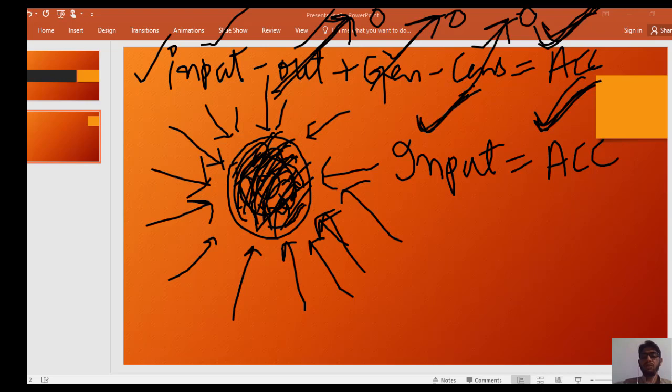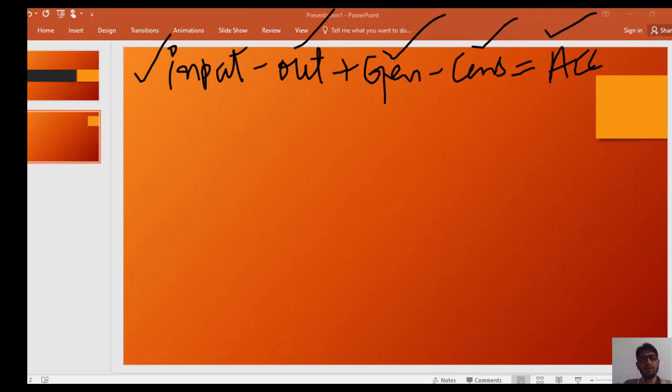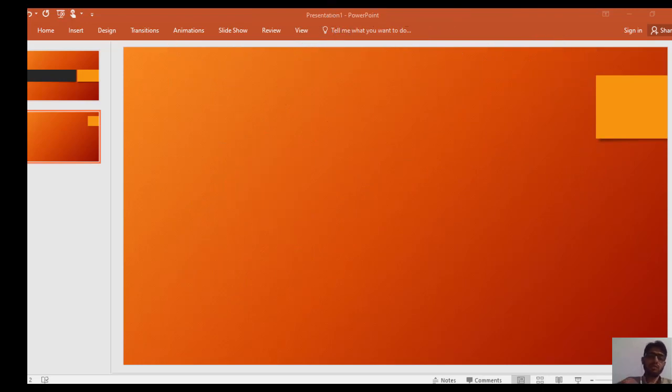We will use the energy balance equation further, and we have simplified it into input energy equals energy accumulated.